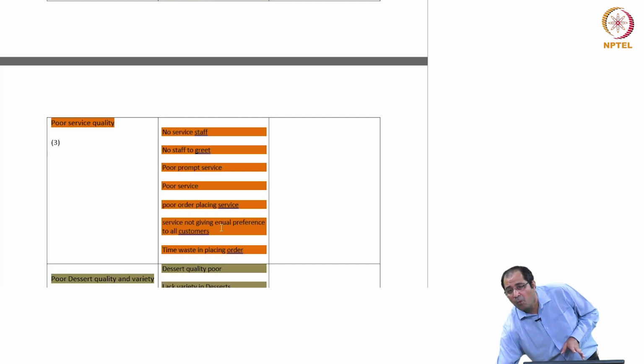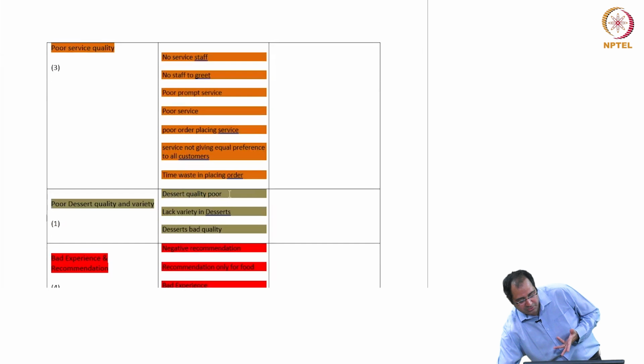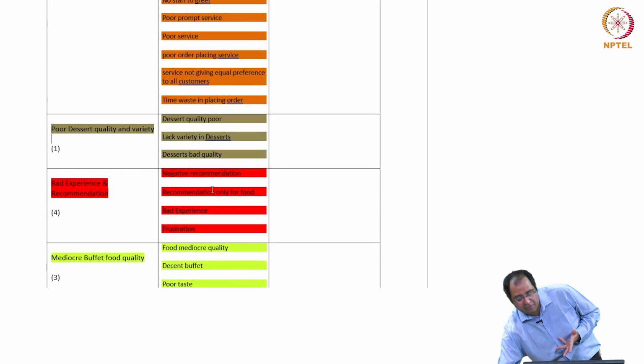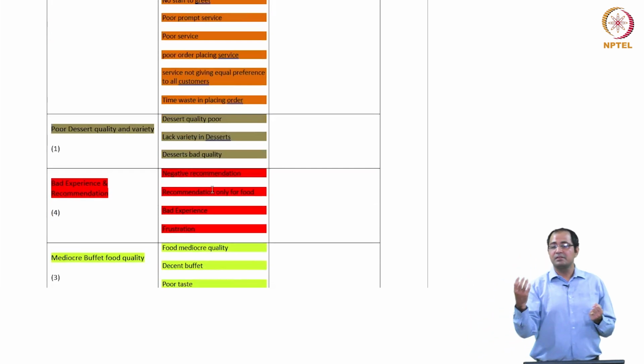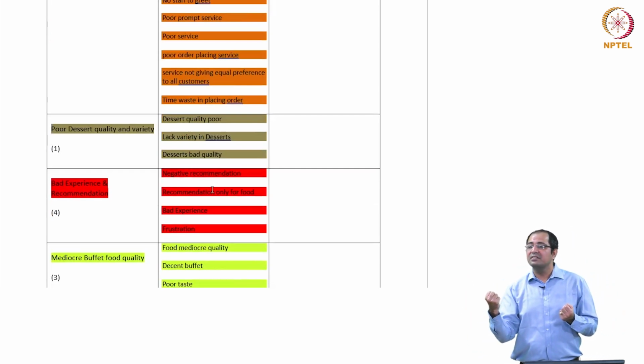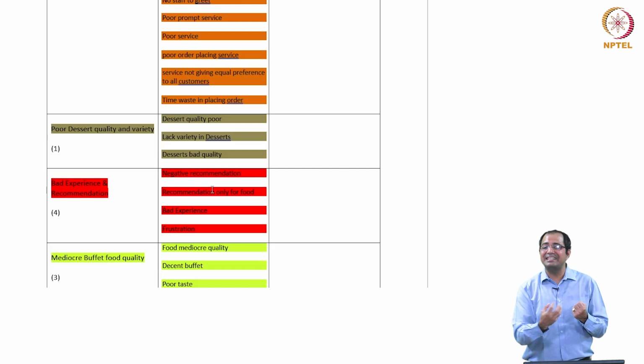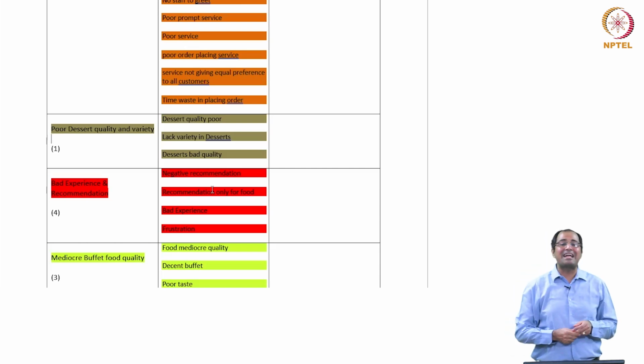Now, what is the underlying idea behind all these codes that you have? That is the primary theme, poor service quality. Likewise, next one, dessert quality poor. All these three codes, what is the underlying idea? This is poor dessert quality and variety. Likewise, for all the similar color sub-themes, you need to write the underlying idea which becomes the primary theme.